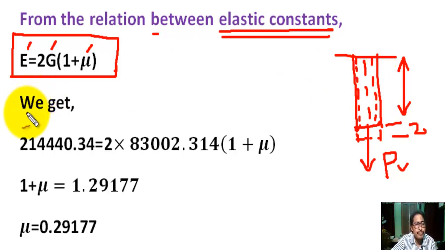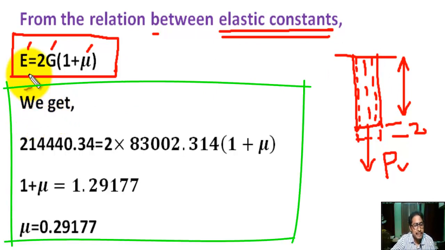Okay, now we get the value of E. Value of E equal to 214440 Newton per millimeter square. This is one. Value of G, 83002.314 Newton per millimeter square.